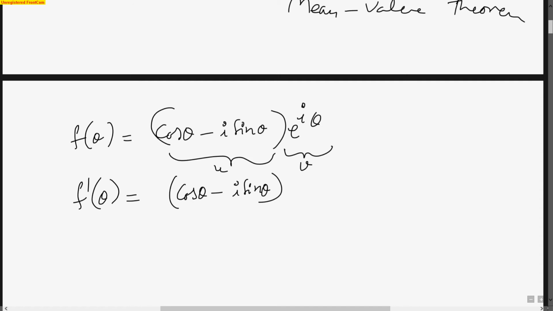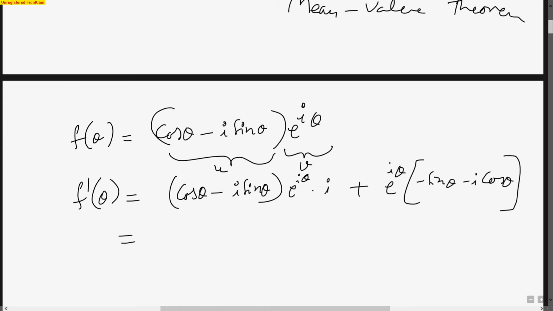So u times v prime, where v prime means e power i theta times i, plus v times u prime, e power i theta times minus sin theta minus i cos theta. So we just use the product rule of differentiation.